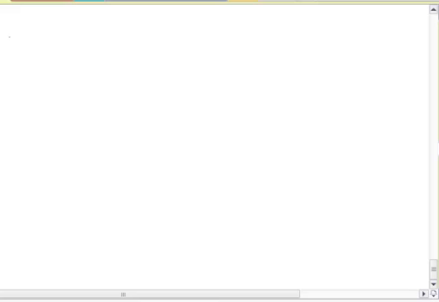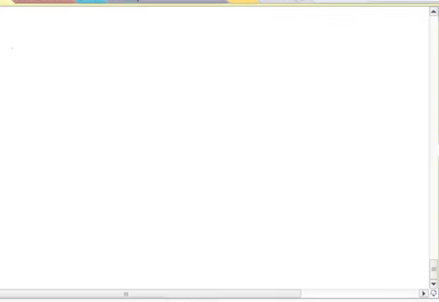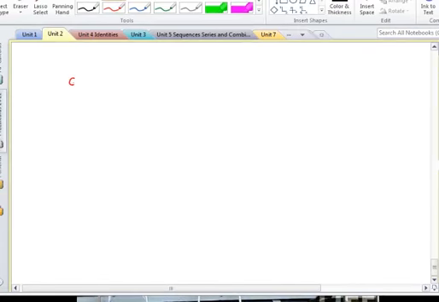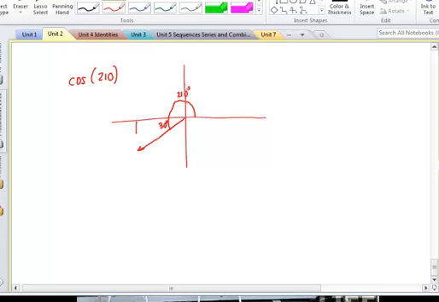Okay, class, so the last thing we want to do is wrap it up with maybe a couple examples. So let's just consider that someone gave us the cosine of 210 degrees. What we should do is, again, remember the steps. We want to draw out our triangle, find out what our reference angle is, draw our sides for that reference triangle.